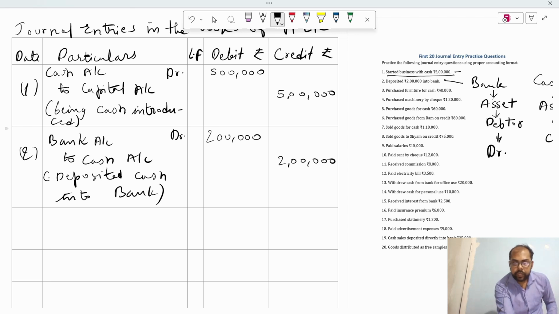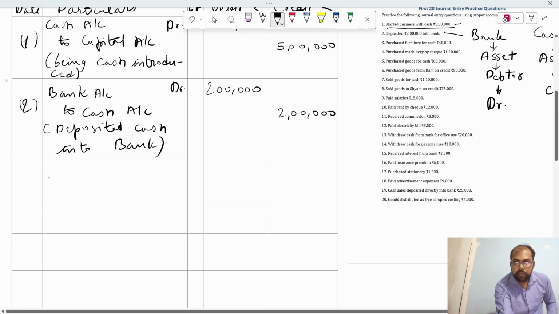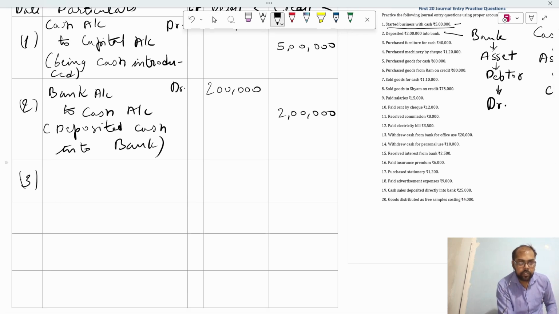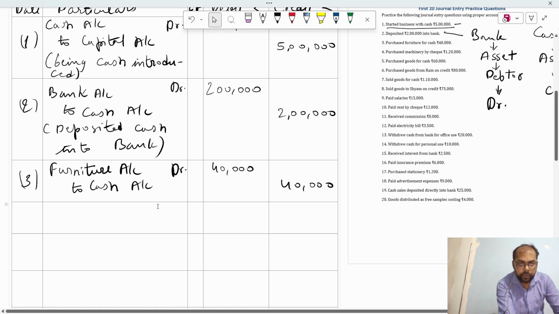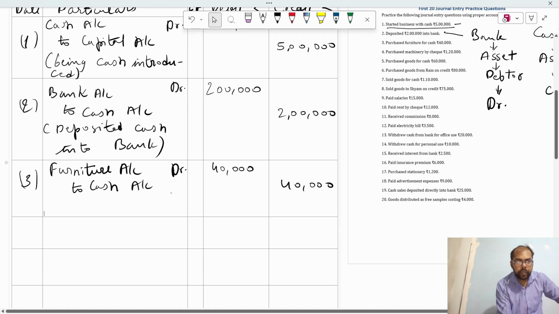Fine. Now, the next entry is purchased furniture for cash rupees 40,000. So what is furniture? Furniture is an asset, and to purchase the furniture, we are paying cash. The amount here is 40,000.